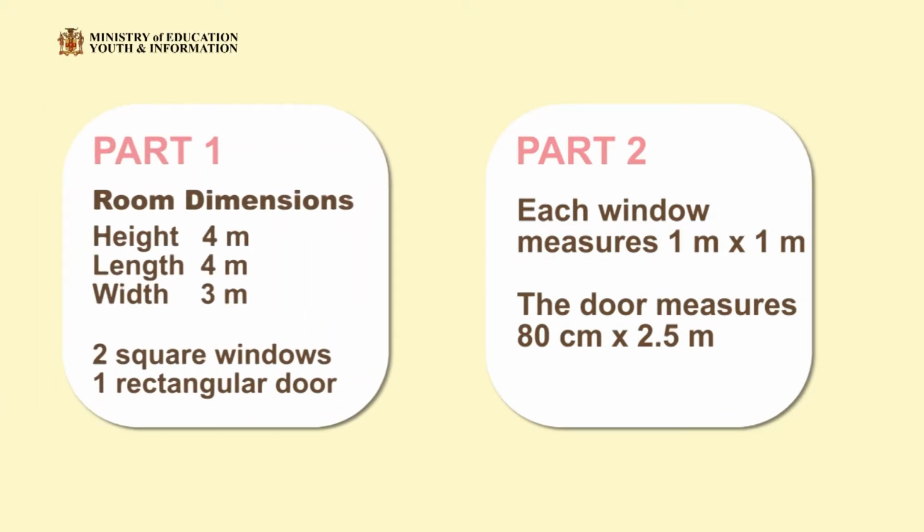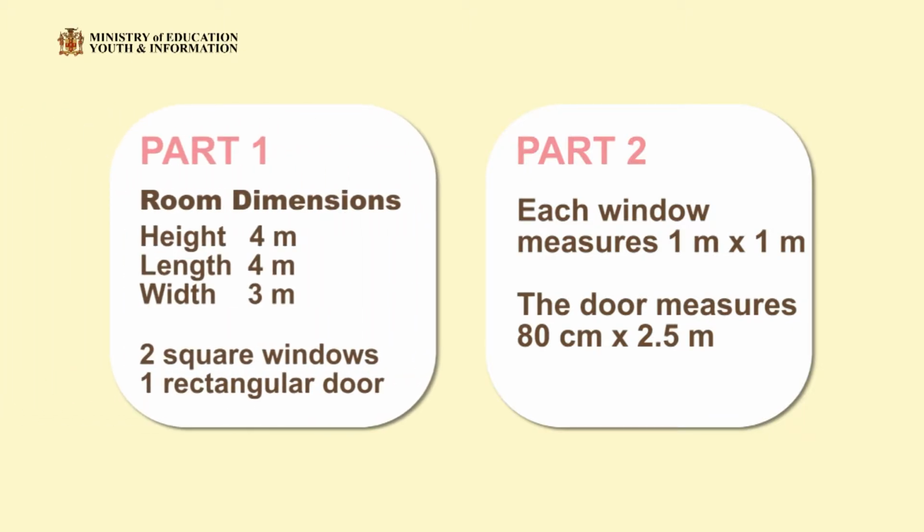Did you notice that we needed information from part 1 in order to complete part 2? With this in mind, let us use this information to calculate the area of the room to be painted purple.